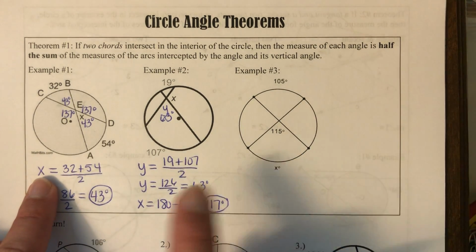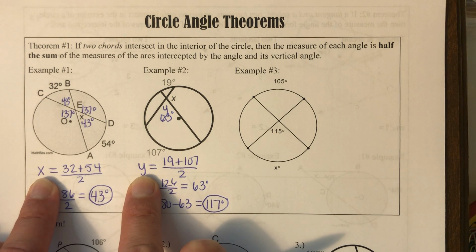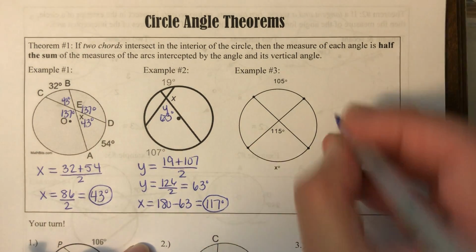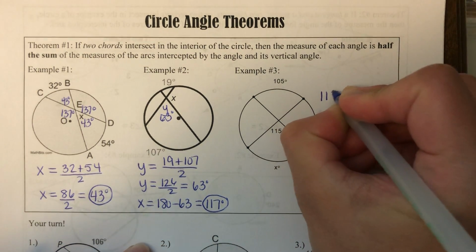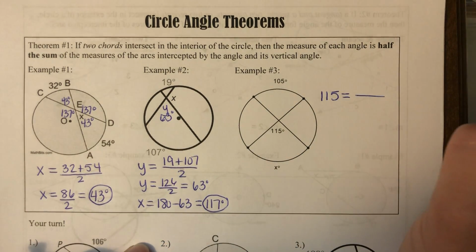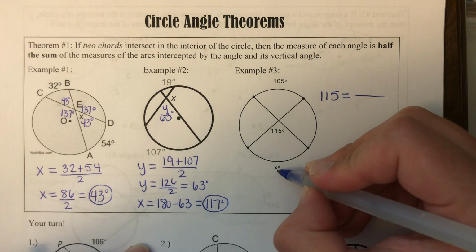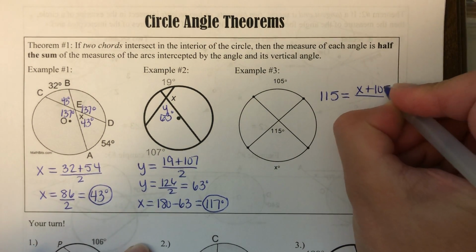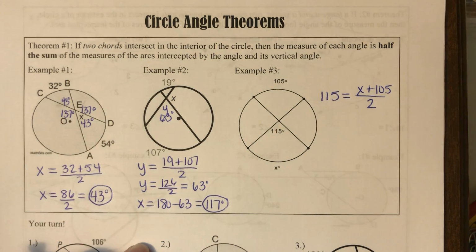In both of these, we've started with the angle at the intersection, the x or the y. But here, we're going to be starting with that 115. The angle equals, we're going to add the two arcs together. So my one arc is x, my other arc is 105. We're still dividing by 2. So the x just moves to a different spot.